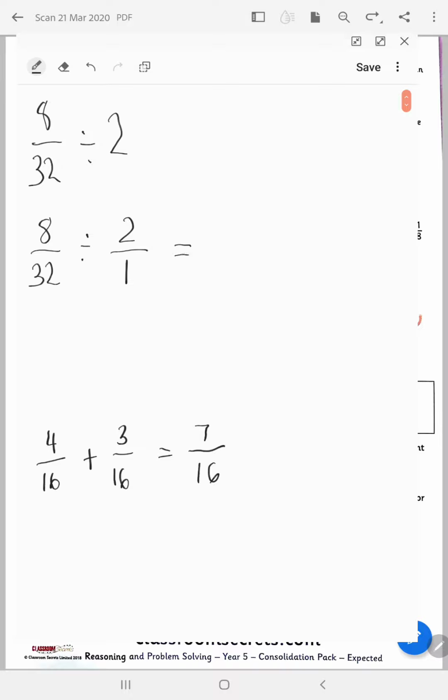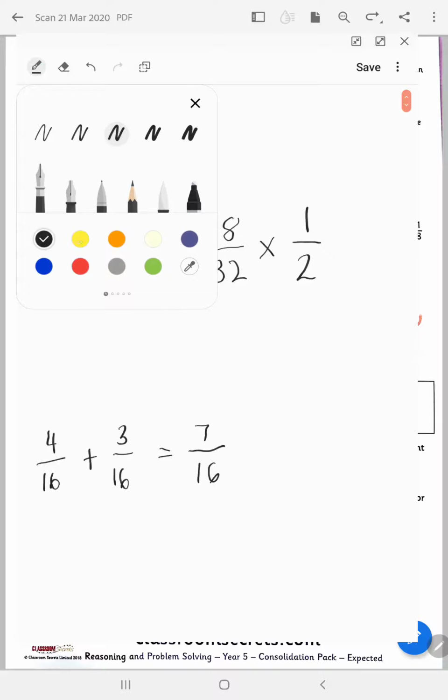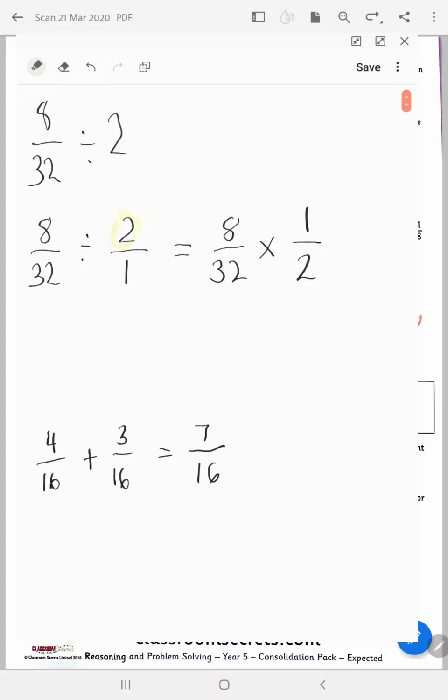And we know that dividing fractions is the same as multiplying by the reverse. So can you see that I've flipped it: the 2 has now travelled all the way to the bottom and the 1 to the top, and I can just multiply that together.